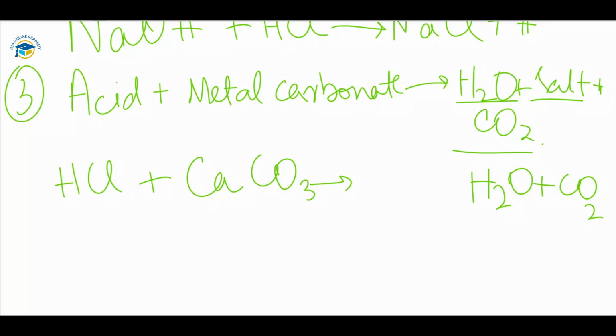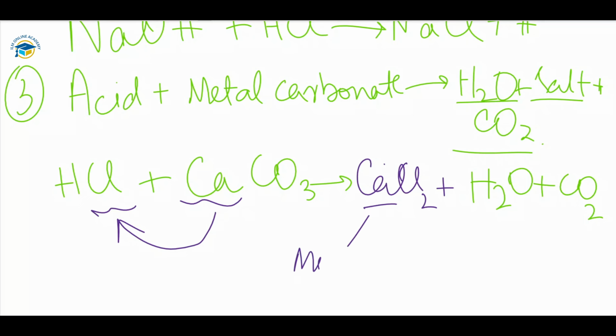Salt is made from the metal that comes from the base. So the metal that is present in the base is calcium, and it combines with the non-metallic part from the acid, that is chloride. So calcium chloride is the salt that is produced here, CaCl2, like this one. So salt has two parts, the metal, and metal comes from the base, right?